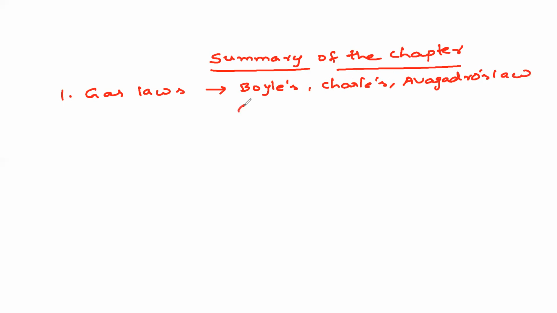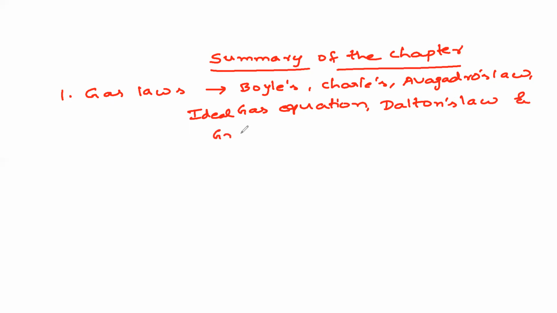Next we have the gas equation, the ideal gas equation. After the ideal gas equation, what we have? Dalton's law of partial pressures, and finally we have Graham's law of diffusion.